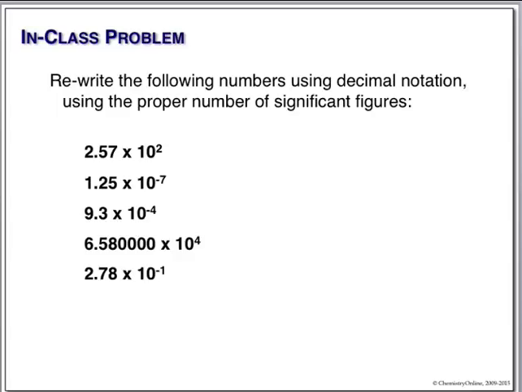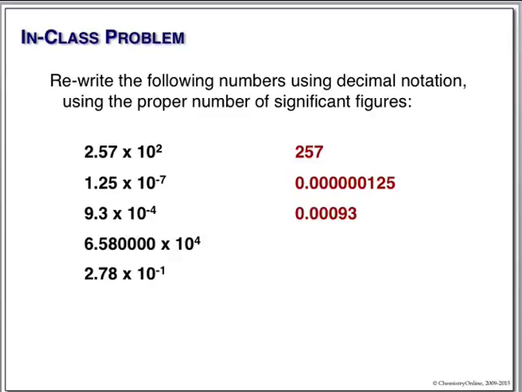Our first one, we have a positive exponent. We're going to move it to the right 2 places. We have 3 significant figures, simply 257. 1.25, that's 3 significant figures. We need 6 zeros in front. 9.3, 2 significant figures, 10 to the minus 4, 3 zeros in front. This guy.